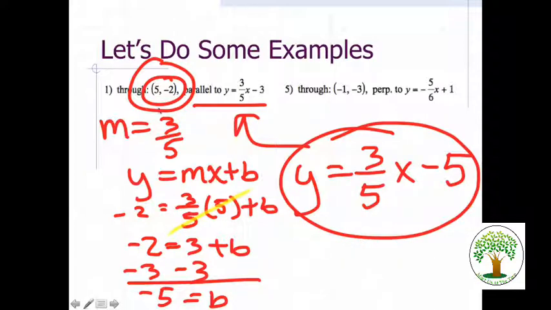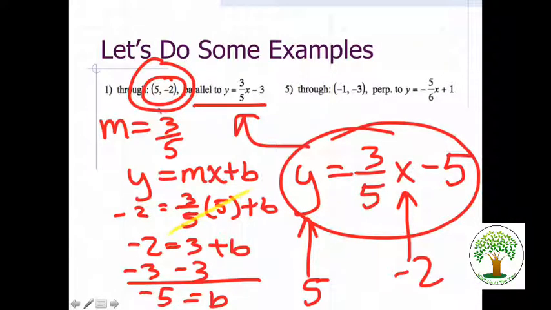We could check it by plugging in a 5 right there and a -2 right there and see if it equals out.